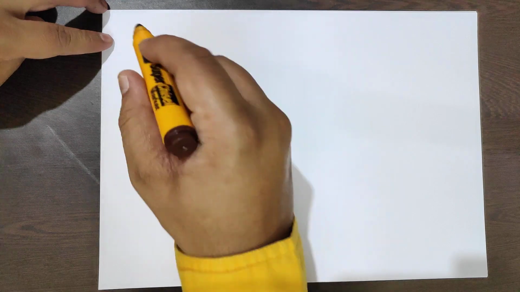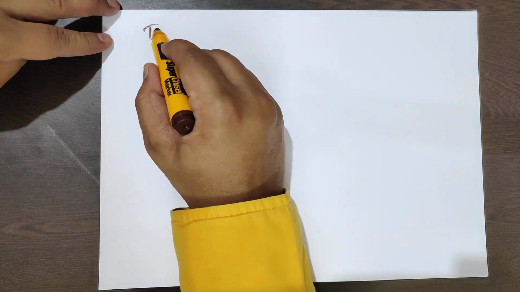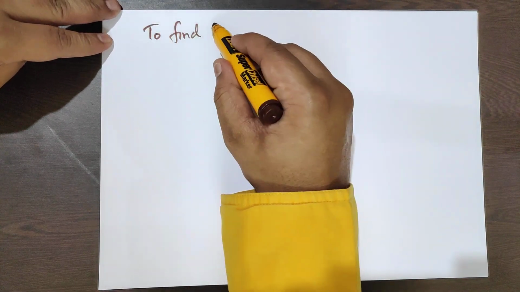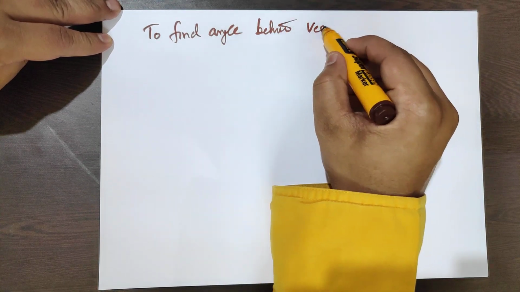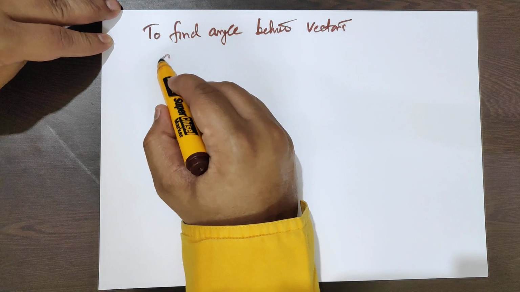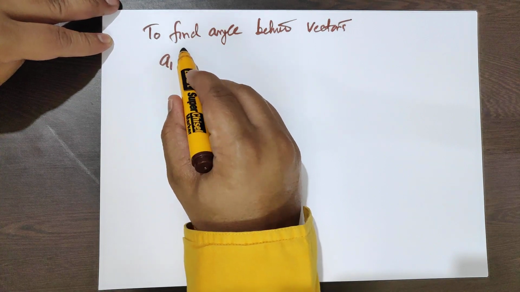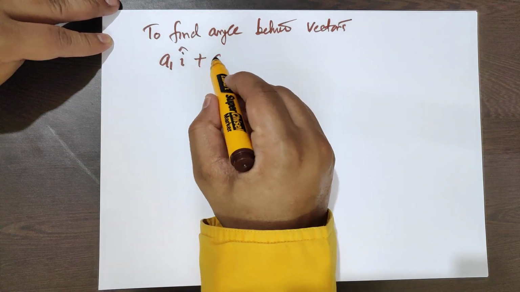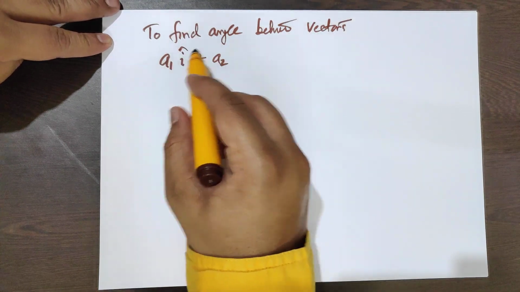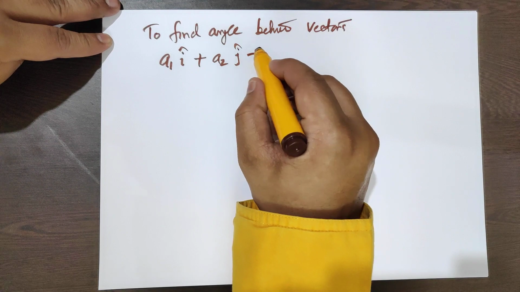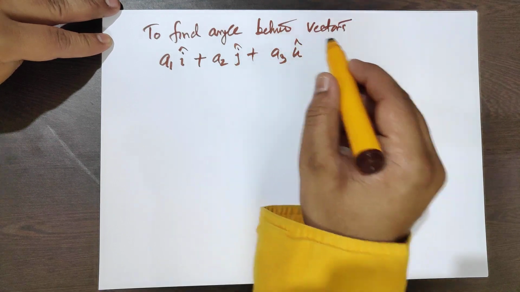So by dot product, to find the angle between vectors, say this a1, just for a change, instead of ax, ay and az, I am writing a1, a2 and a3, it doesn't matter.